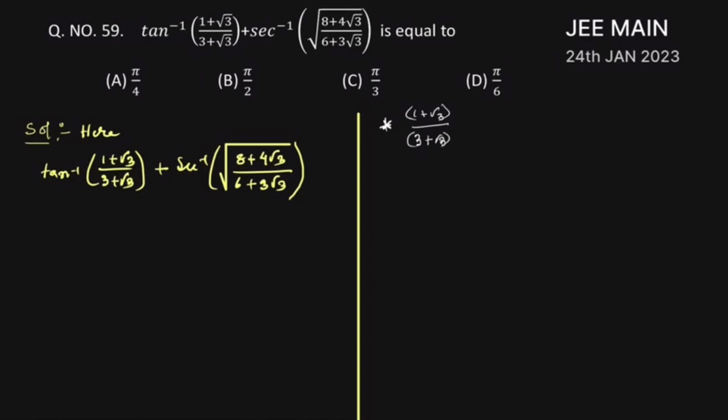If you rationalize this, then you will write it that way: 3 minus root 3.